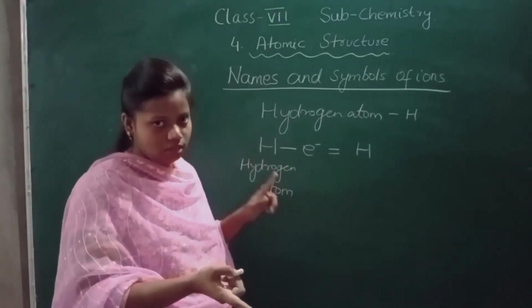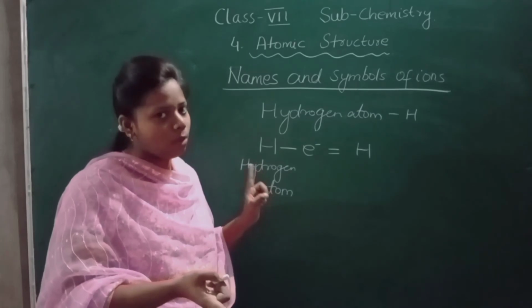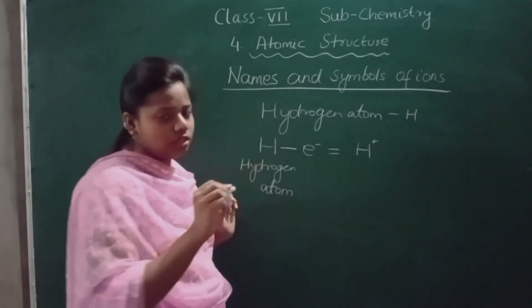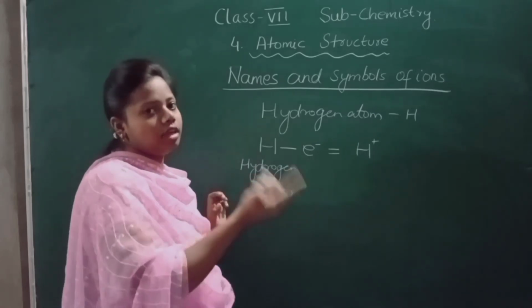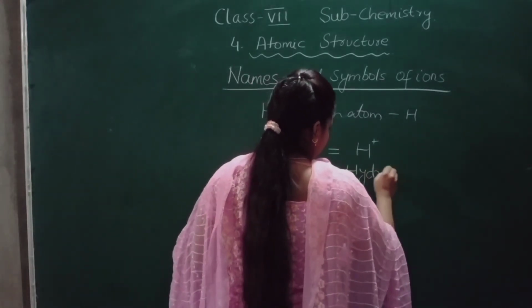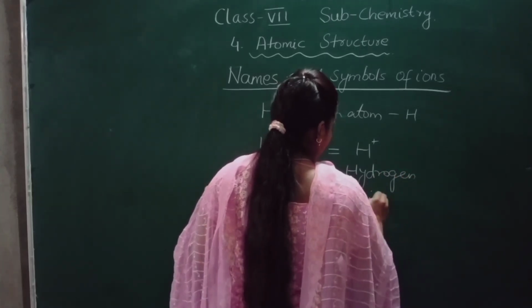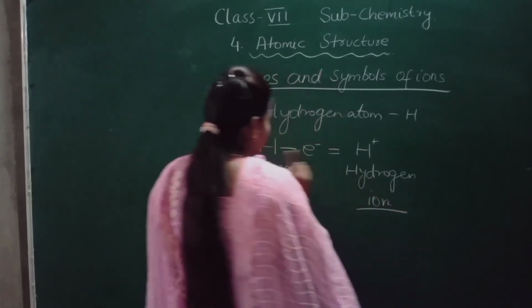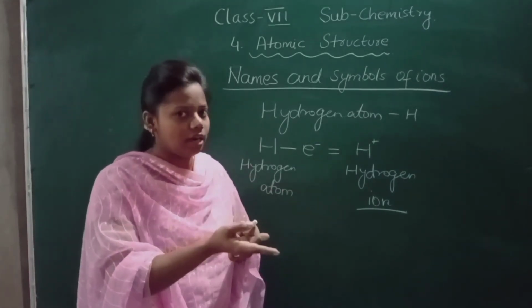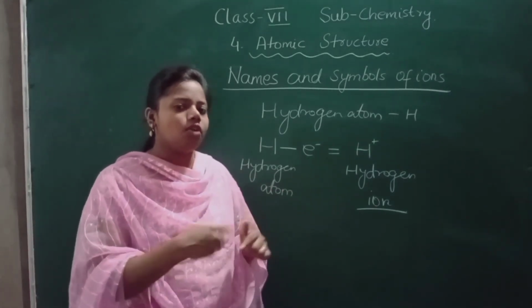Lose means it will become positively charged, so we will write a plus sign on the top, as a superscript on the right-hand side. This is the hydrogen ion. So when an atom loses or gains an electron, it is no more an atom, it becomes a charged particle, whether negative or positive.